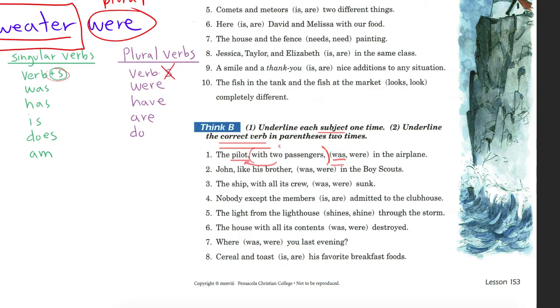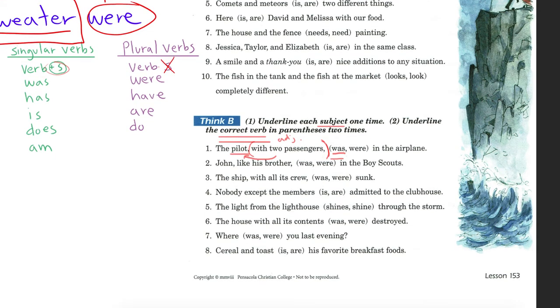This is kind of acting like an adjective, all right? It's like one long adjective. So we're not talking about the 2 passengers in the airplane. We're talking about the pilot in the airplane, okay? So it's a little bit confusing. Just make sure you don't get confused by the prepositional phrase here. All right, it's not the subject; it's an adjective.